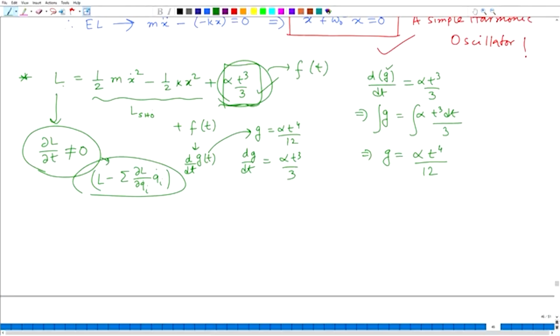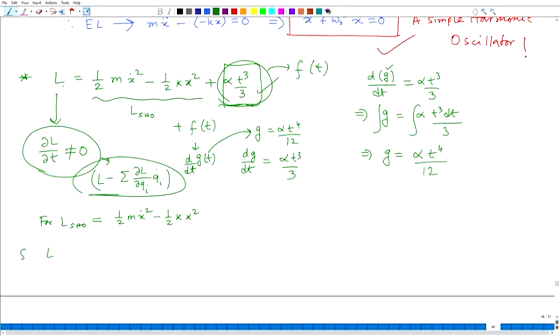So, just for L SHO, half m x dot square minus half k x square, and that is why you can always have this function.